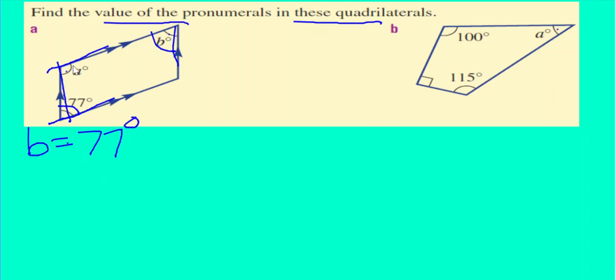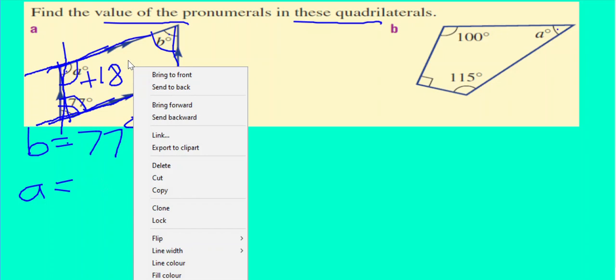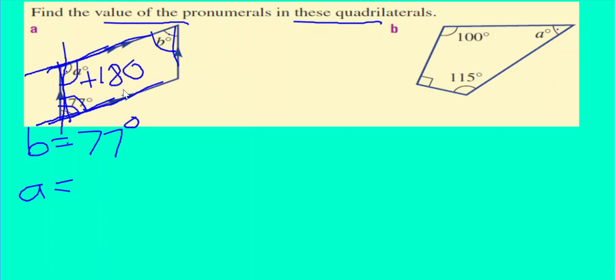Angle A, again, if we look at it this way, we've got two parallel lines and a transversal that cuts them. So we've got co-interior angles, and co-interior angles add up to 180 degrees.